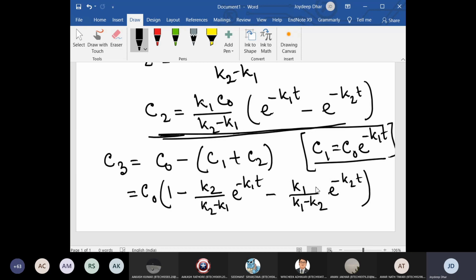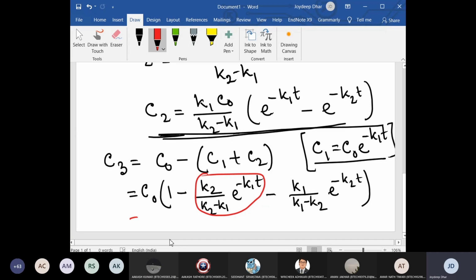Now if I consider C3, when rate constant K1 is much larger than K2, then e to the power minus K1 is very high and negative, that means this overall product will be very small. e to the power minus infinity is almost 0, so I can ignore this term.